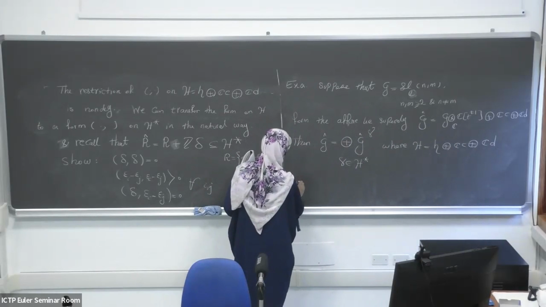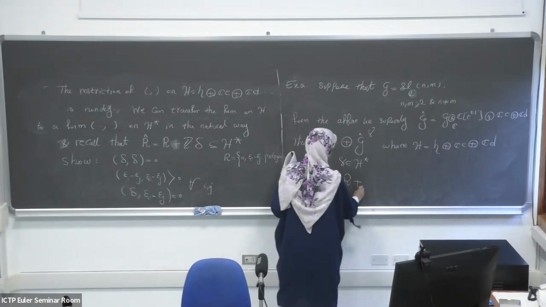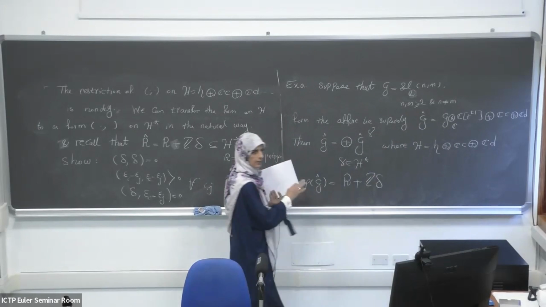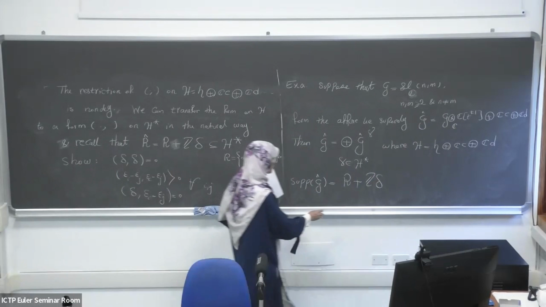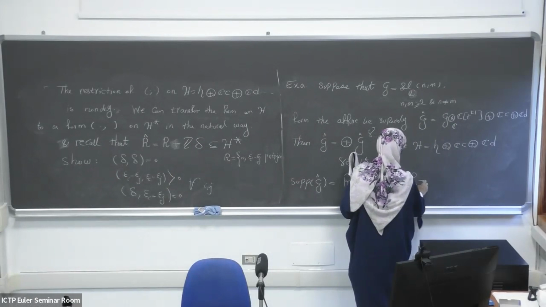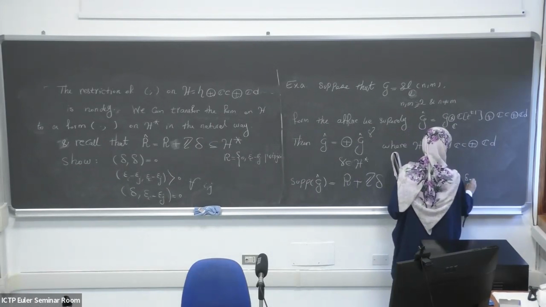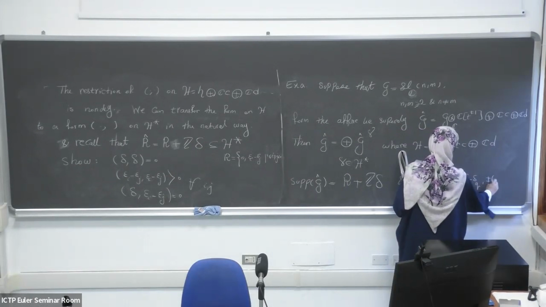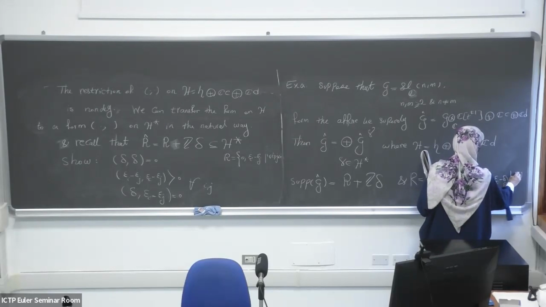The support of G hat is R plus Z delta. Delta is defined as in the previous case, and R is just 0, epsilon I minus epsilon J, delta P minus delta Q, and plus minus epsilon I minus delta P, when I and J are elements between 1 and n, and P and Q are elements between 1 and n.